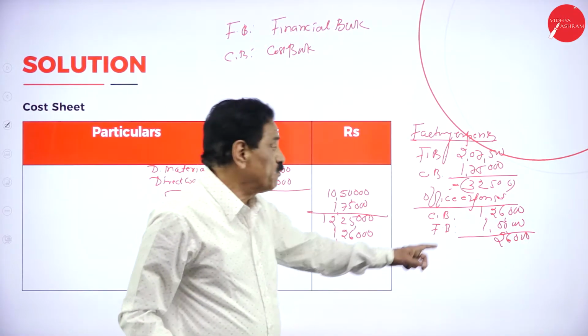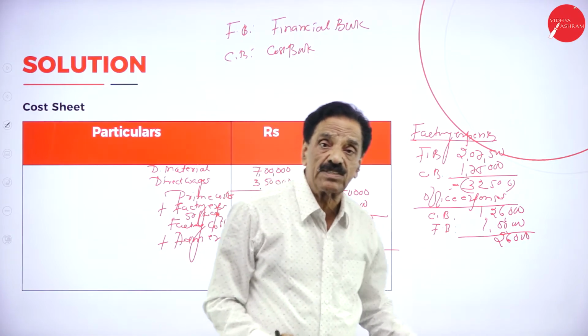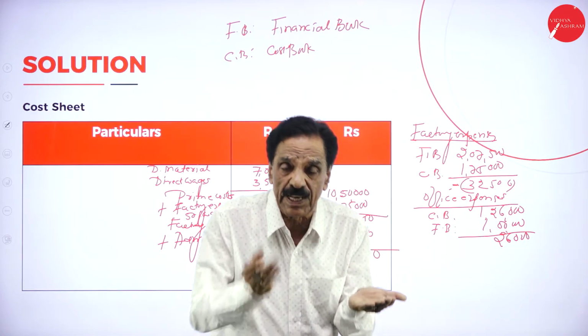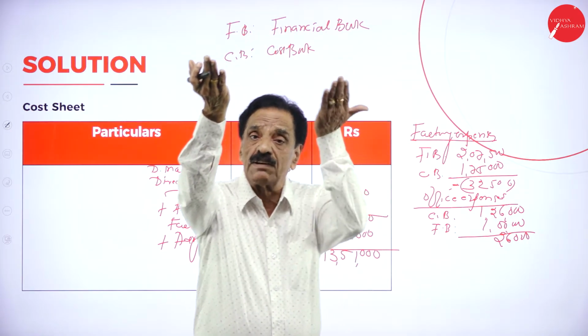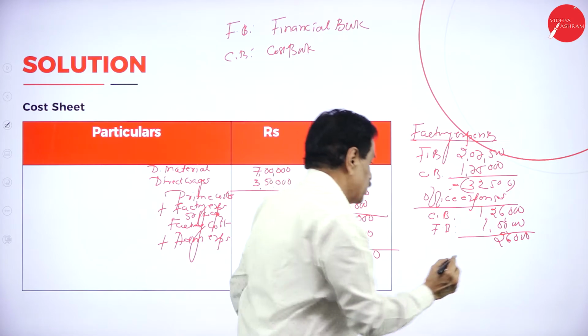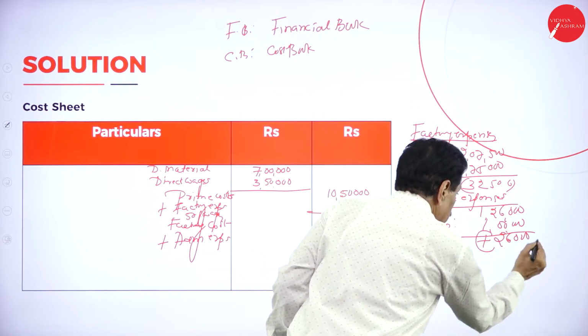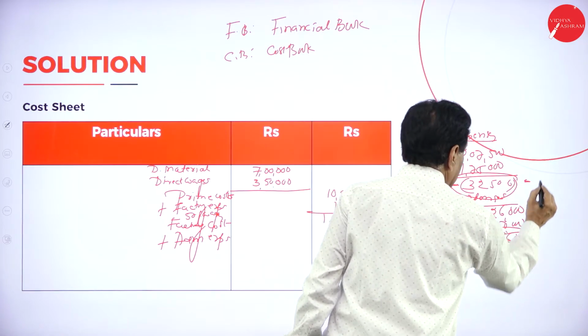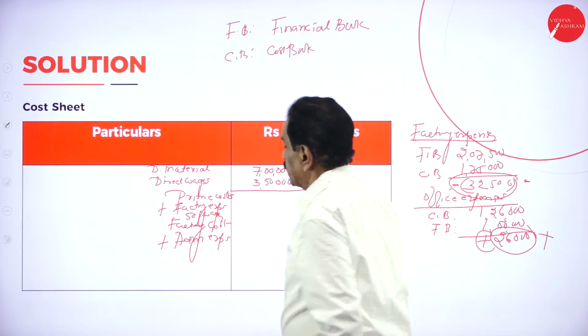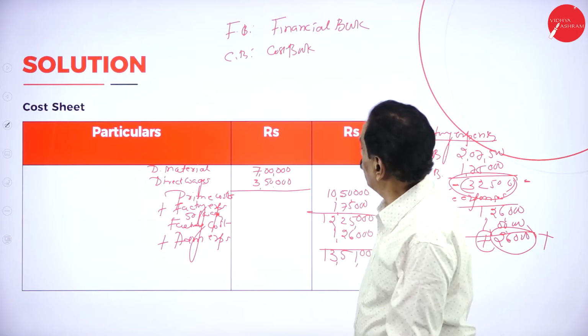Who charges more? Costing charges more, financial charges less. So costing profit is less, financial profit is more. Which is the base? Cost book. To make that level, add 26,000. The earlier one is minus, this is plus. So administration is over.